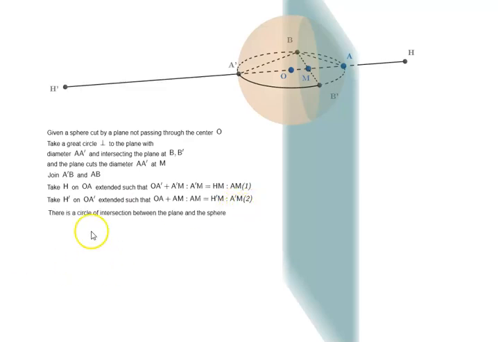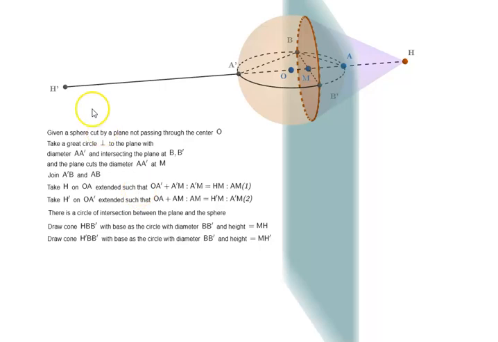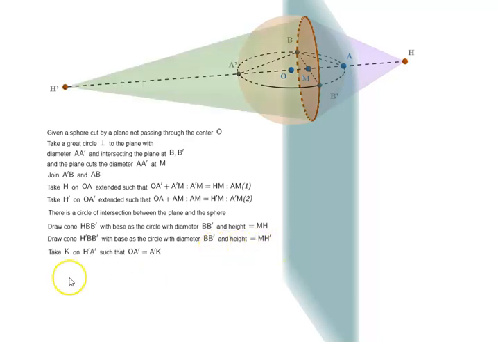Now, there is a circle of intersection between the plane and the sphere. Draw cone HBB' with base as the circle with diameter BB' and height equal to MH. Again, draw cone H'BB' with base as the circle with diameter BB' and height equal to MH'.